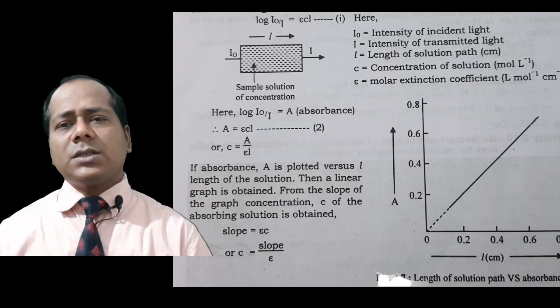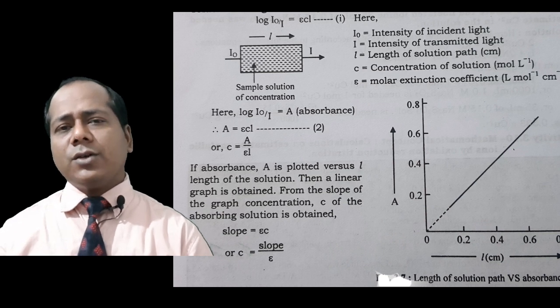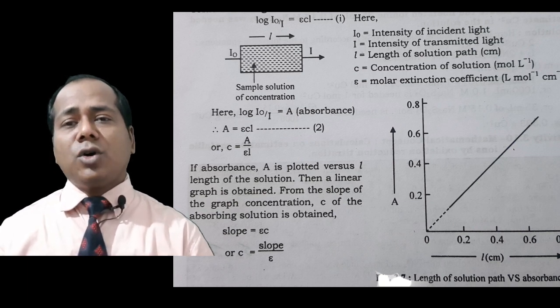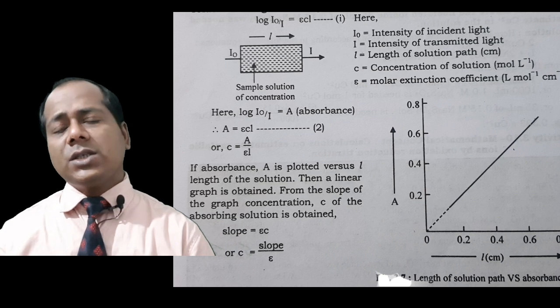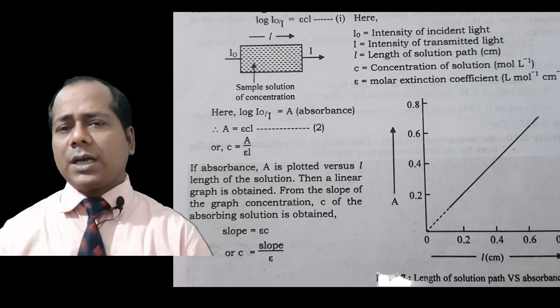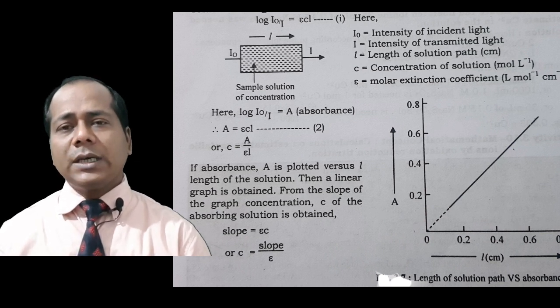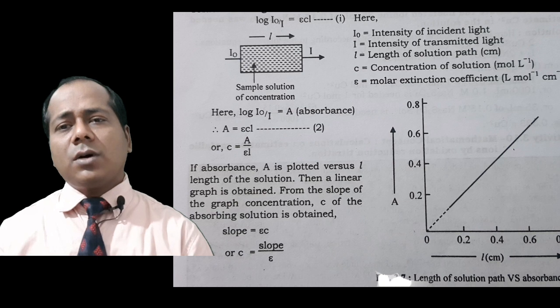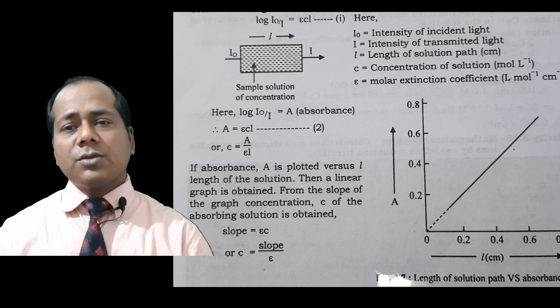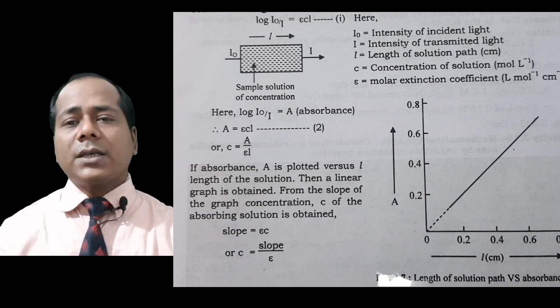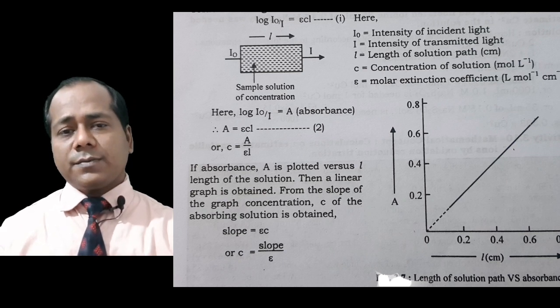Mathematically, this is log I naught by I equal to epsilon CL. Here I naught equal to intensity of incident light, I equal to intensity of transmitted light, L equal to length of solution path, C equal to concentration of solution, epsilon equal to molar extinction coefficient.